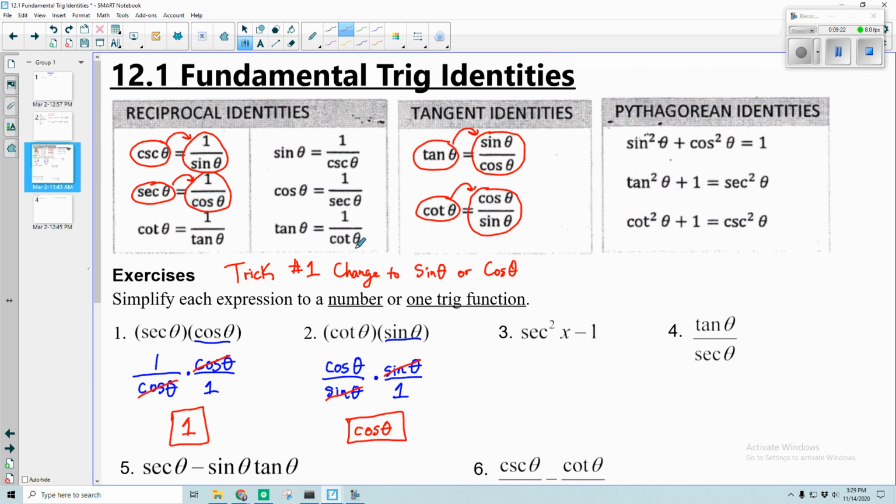So that was using trick number 1. Now let's go ahead and talk about trick number 2.